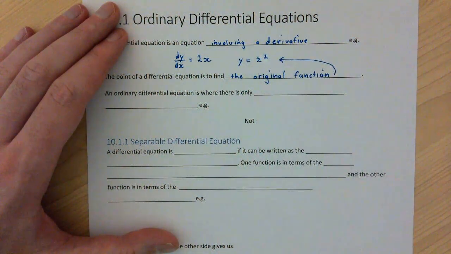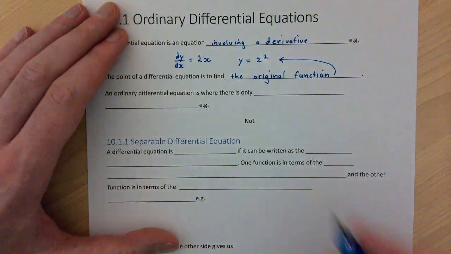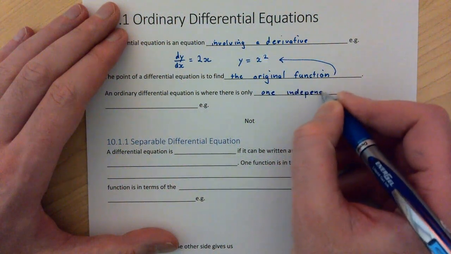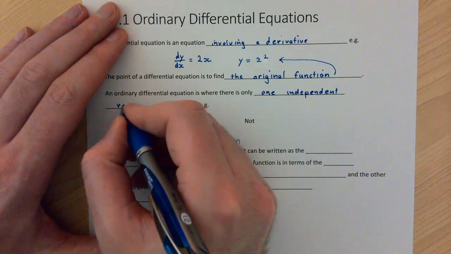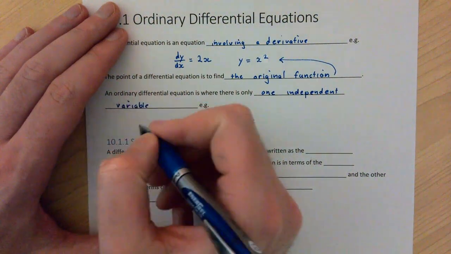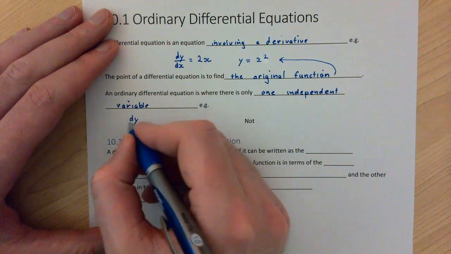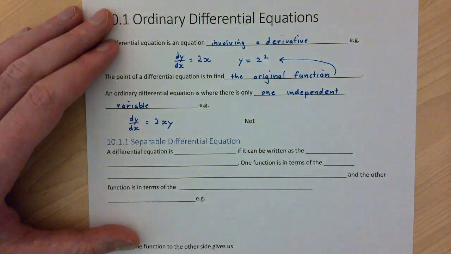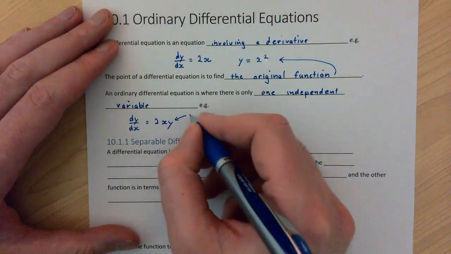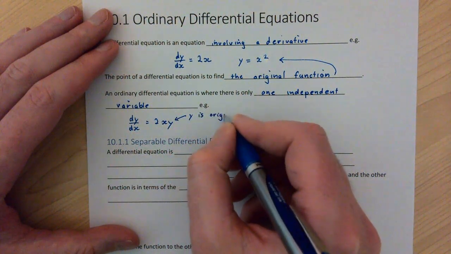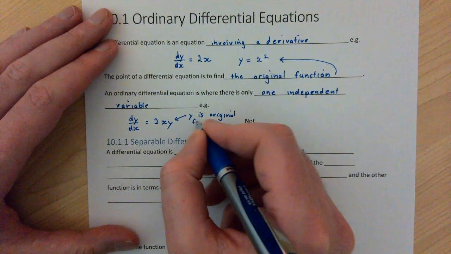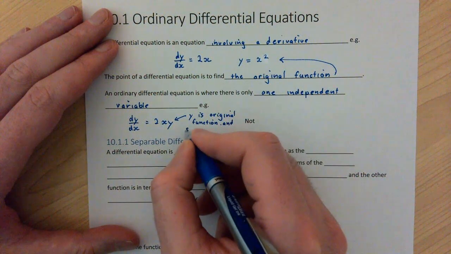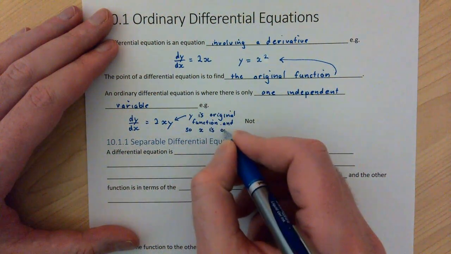Now an ordinary differential equation is where there is only one independent variable. So if we consider the equation dy dx equals something like 2xy, well, y is the original function, so that's the dependent variable, and so x is the only independent variable.